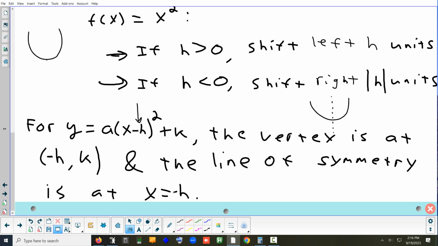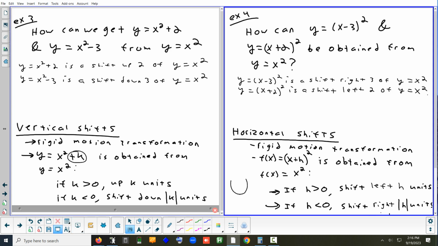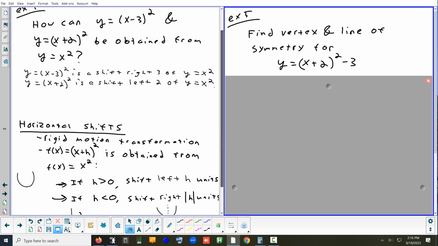It's x equals, and then whatever number you put right there. x equals the opposite of h. So here are your two formulas for finding the vertex and finding the line of symmetry. I'll leave those on the board.